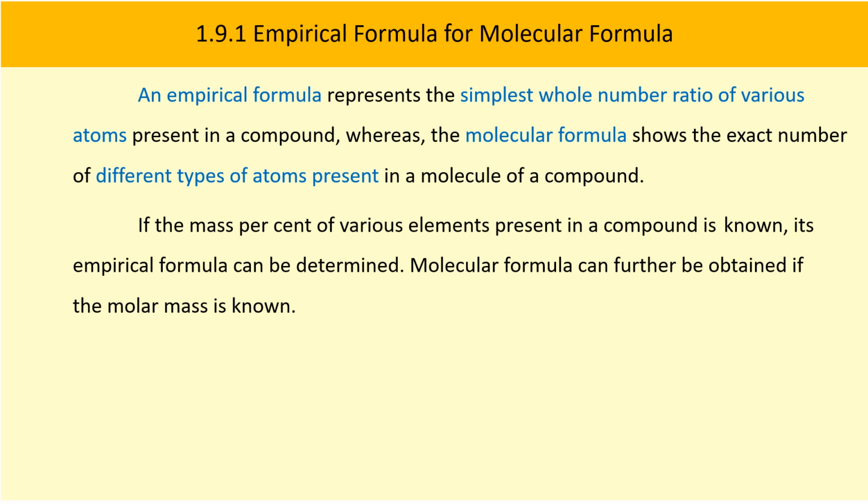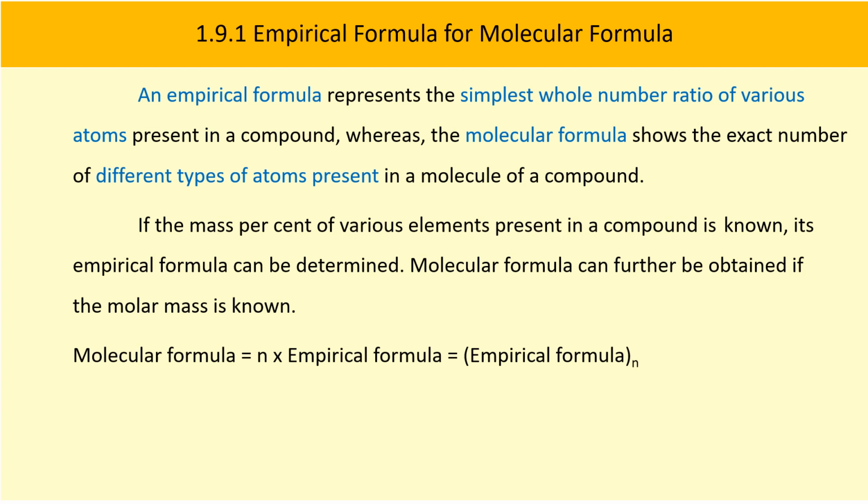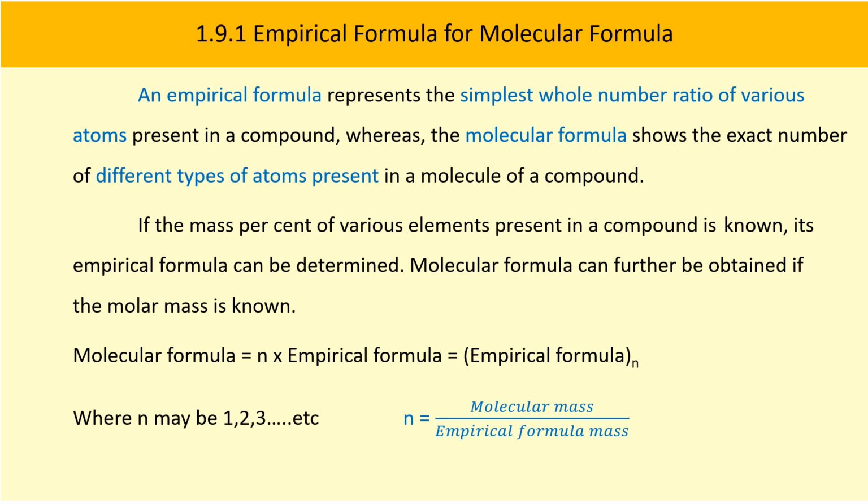If the mass percent of various elements present in a compound is known, its empirical formula can be determined. Molecular formula can further be obtained if molar mass is known. So molecular formula is equal to n into empirical formula, that is, empirical formula subscripts n, where n may be 1, 2, 3, etc.